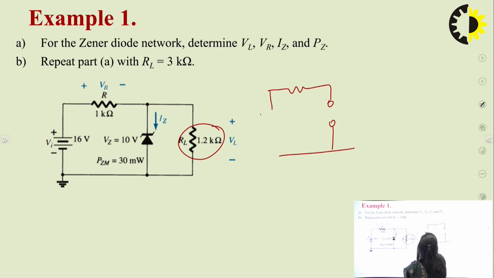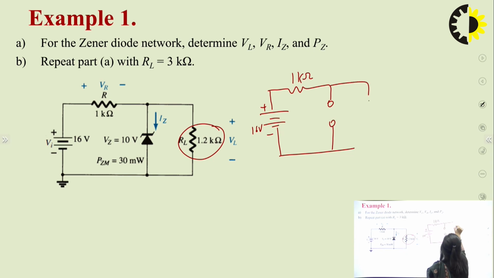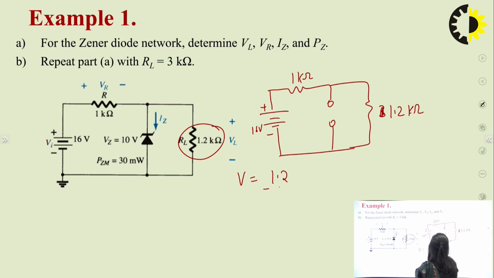State of the diode means, like, this is plus minus 16 volt, this is 1 kilo ohm, and the first case is 1.2 kilo ohm. So here we can find the value of V, that is 1.2 upon 1.2 plus 1, multiplied by 16.